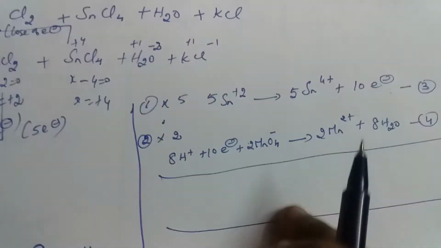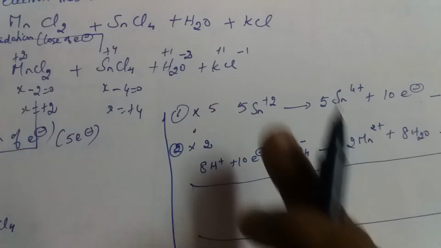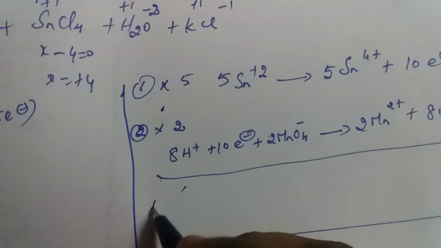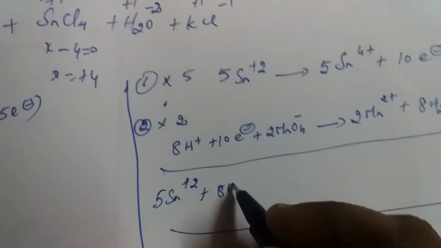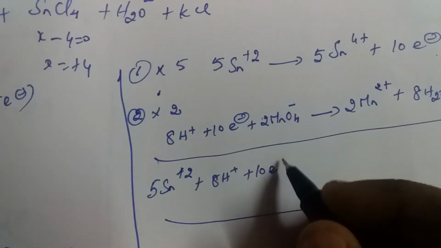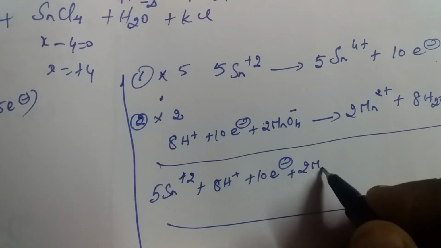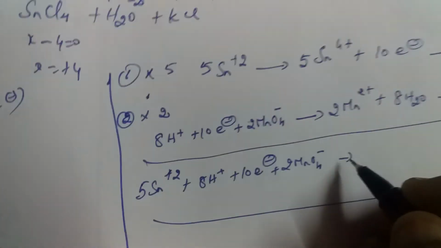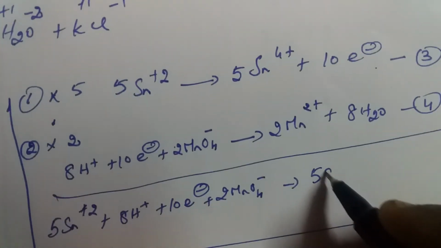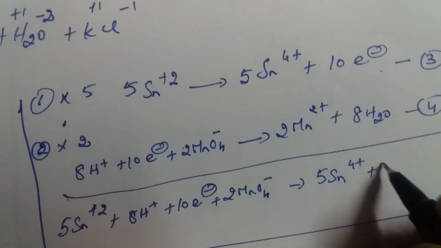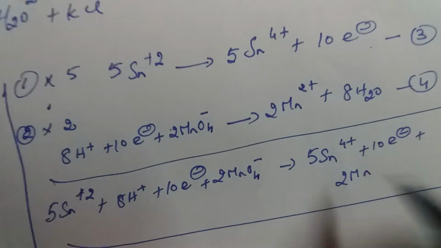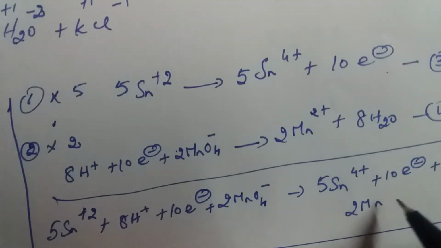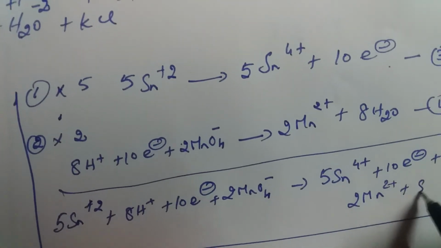Add the right hand side separately and the left hand side separately. On the left hand side we have 5 Sn2 plus plus 8H plus plus 10 electrons plus 2 MnO4 minus, that gives 5 Sn4 plus plus 10 electrons plus 2 Mn2 plus plus 8H2O.